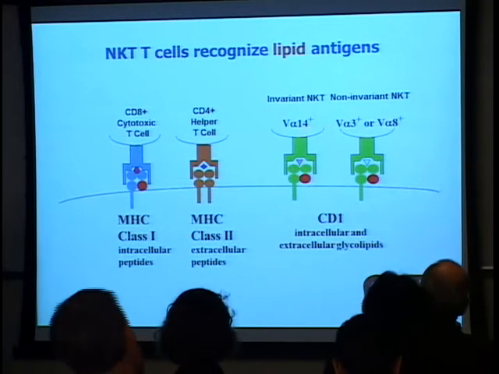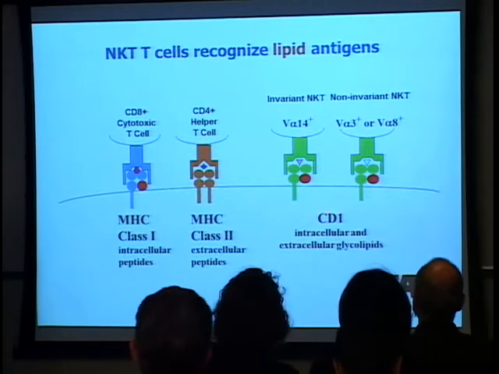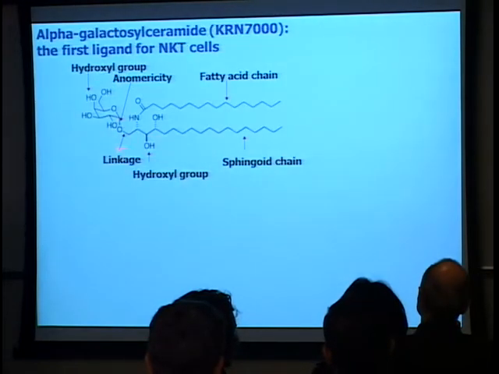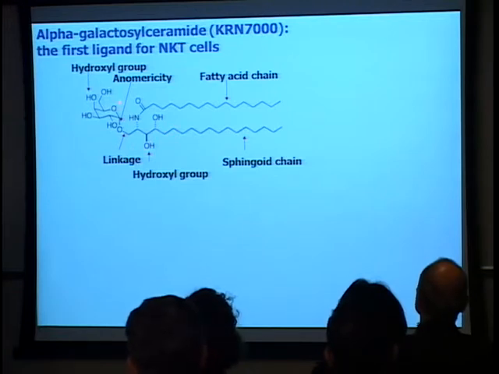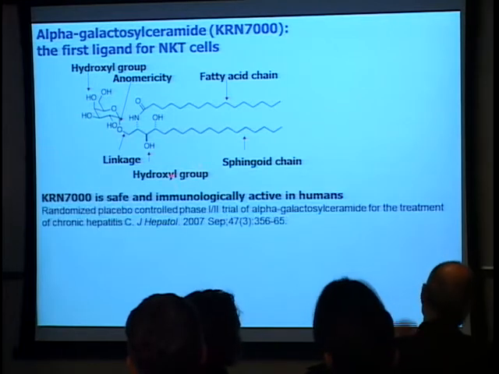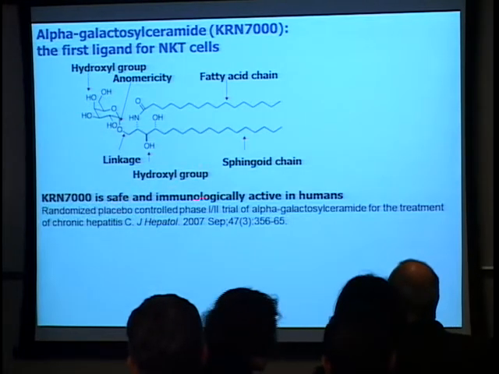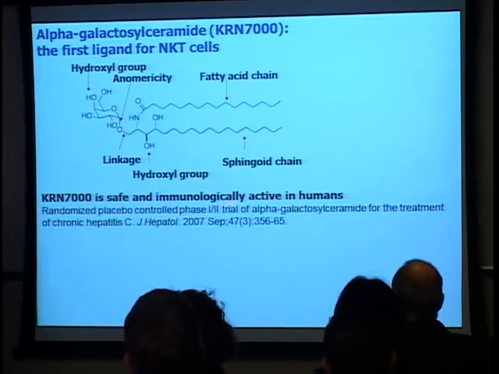This shows the NKT cells recognize CD1D restricted lipid antigens. This is the first ligand discovered for NKT cells. It's alpha galactose linked to a ceramide structure. It has been shown to be safe and immunologically active in humans.